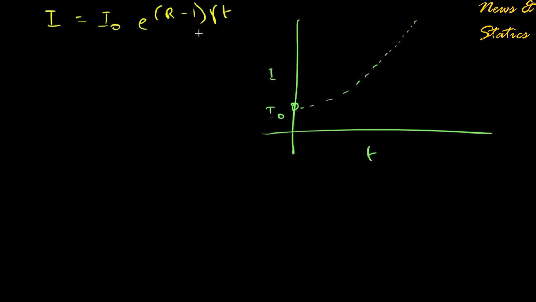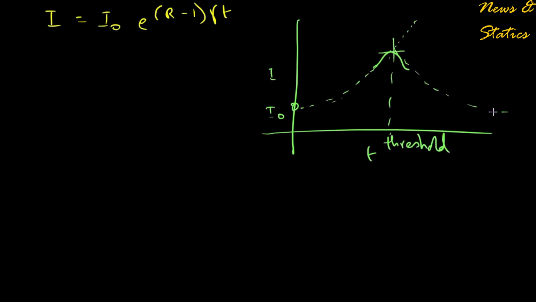R keeps on decreasing, and as soon as R becomes less than 1, that is R minus 1 becomes negative, this exponent becomes negative, and it is no longer an increasing exponential. It becomes a decreasing exponential. In fact, the rate of increase of this exponential also keeps on decreasing, and that's why we have a bell shape at this point. And at this point, in fact, we can observe by this transition that it will start decreasing. So this is the threshold point.